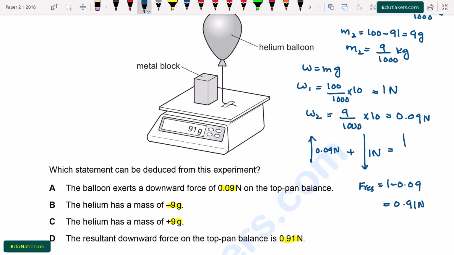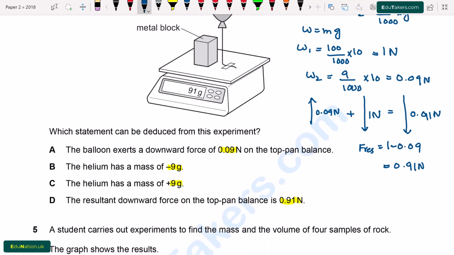So it will be acting in the downward direction and it is 0.91 Newton. Now we see the options. Option D, the resultant downward force on the top pan balance is 0.91 Newton. So option D is correct.